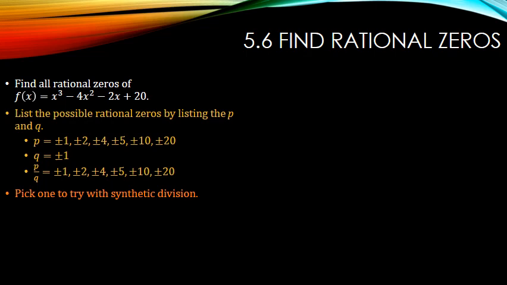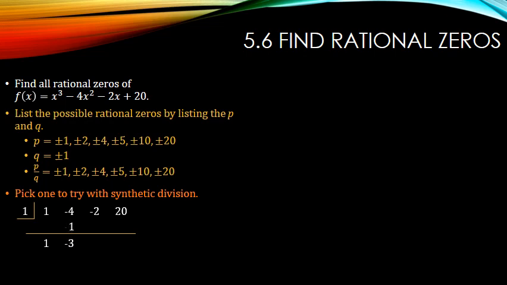So now we need to pick one of these and try synthetic division. Let's try 1. So we have all our coefficients: 1, negative 4, negative 2, and 20. Drop down the first number. Multiply. 1 times 1 is 1. Add.